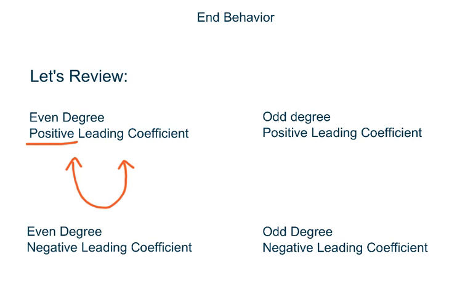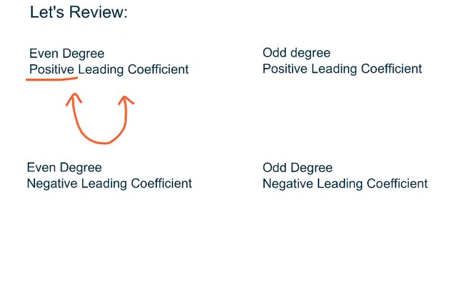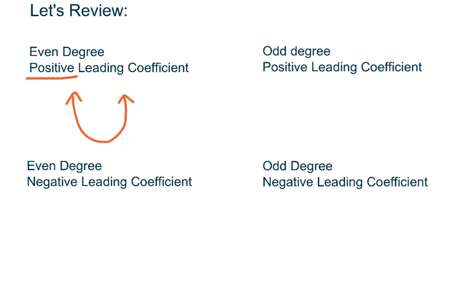And that same even degree polynomial, if the leading coefficient is negative, that's going to flip it. The key is that the end behavior is in the same direction.